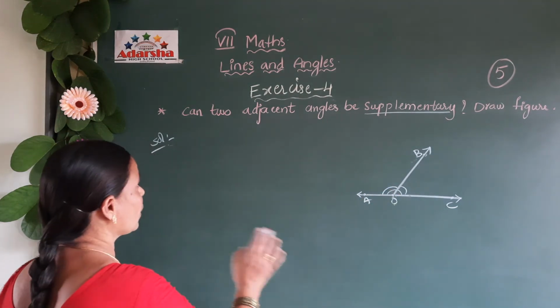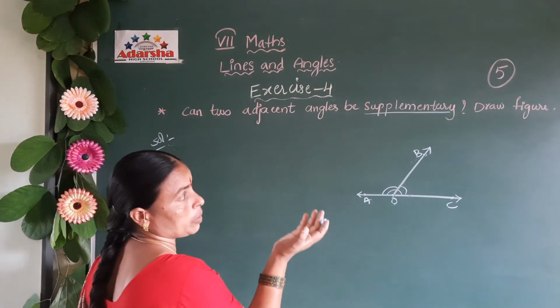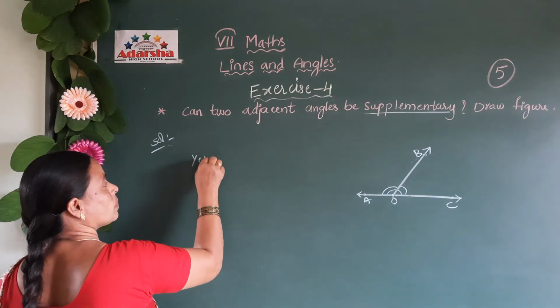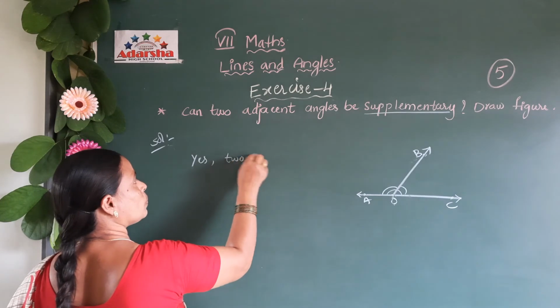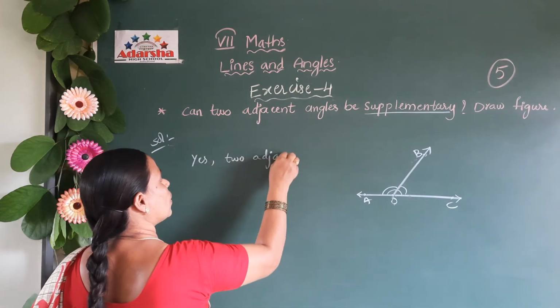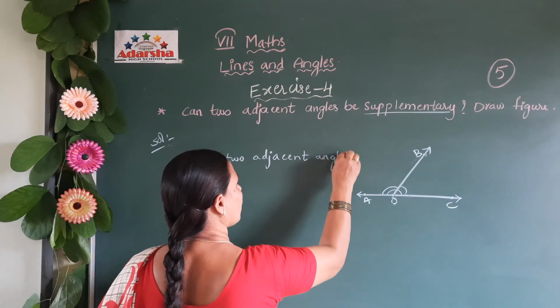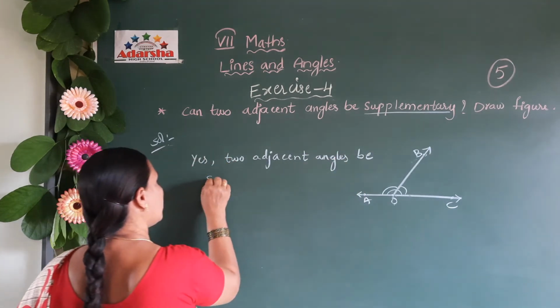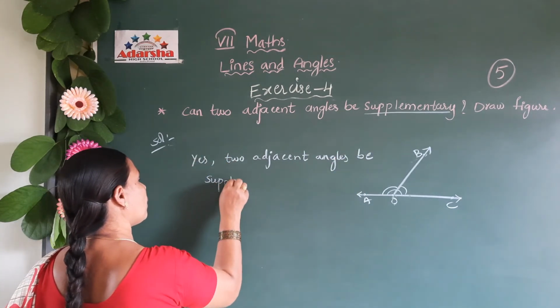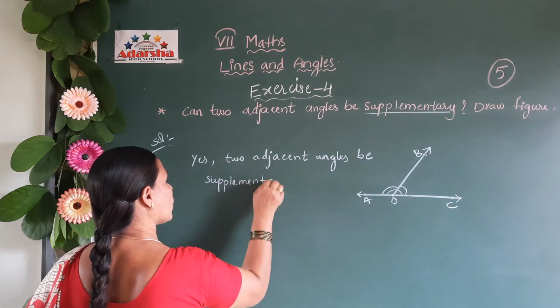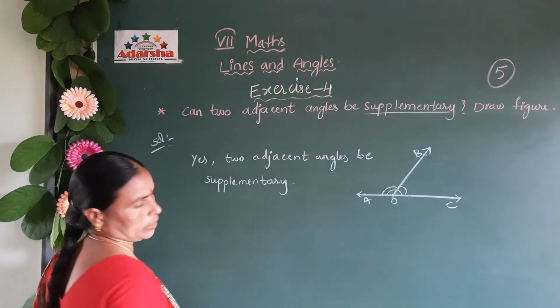Can two adjacent angles be supplementary? Yes, two adjacent angles can be supplementary. This is the figure for that.